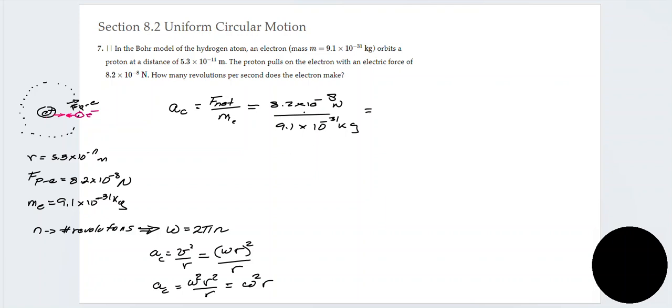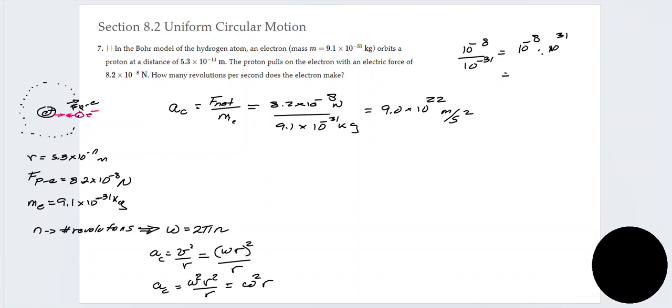Now, we're going to divide and work with the scientific notation, and we're going to get that this would be approximately 9.0 times 10 to the 22 meters per second squared. So remember, when you have 10 to the negative 8 over 10 to the negative 31, you bring the 10 to the negative 31 up as 10 to the 31, right?